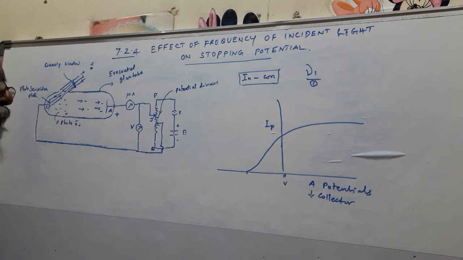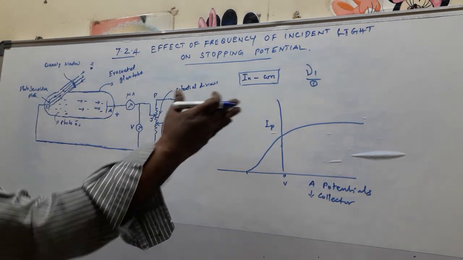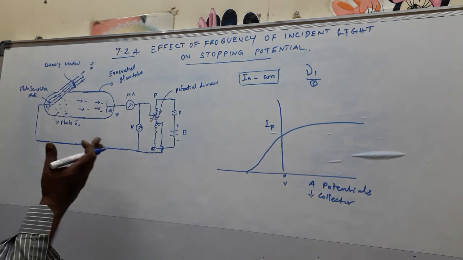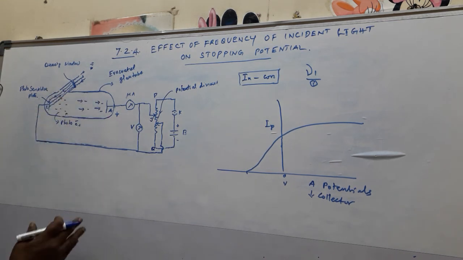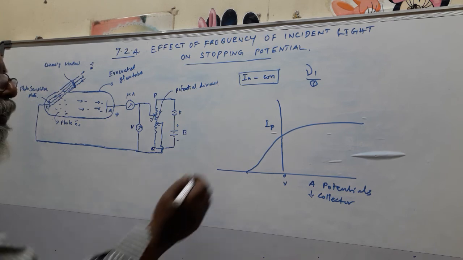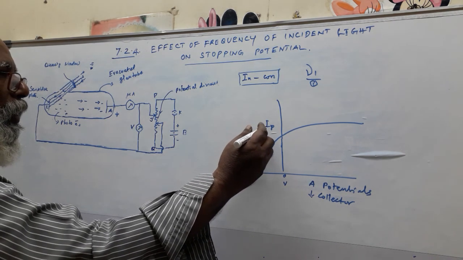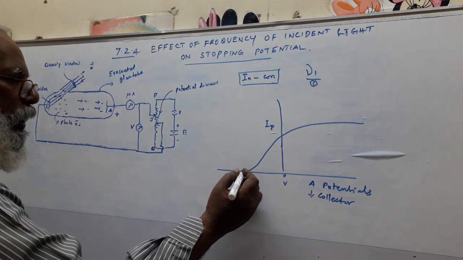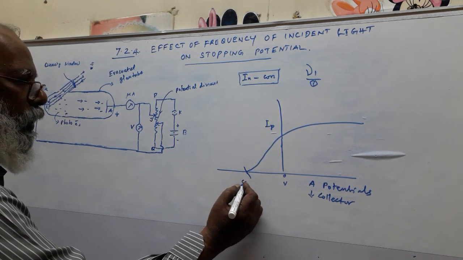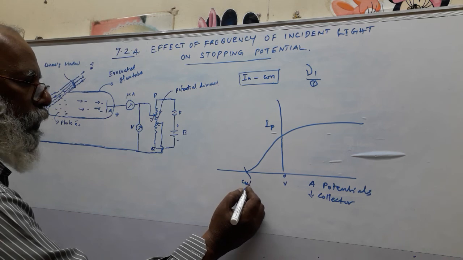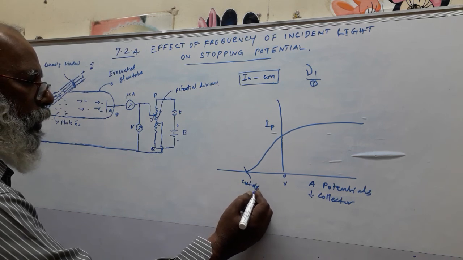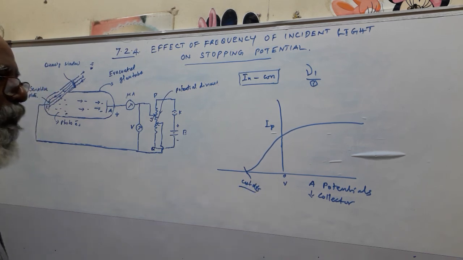But in order to completely stop this photocurrent, we have to spend much more work. That is possible only when IP is 0, only at the cutoff voltage. We already saw this in the previous experiment.